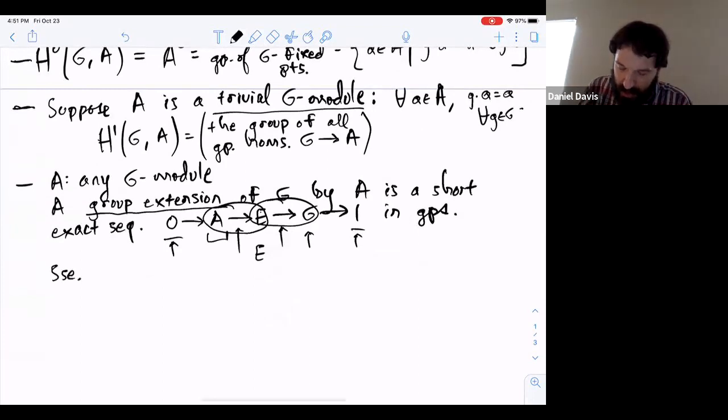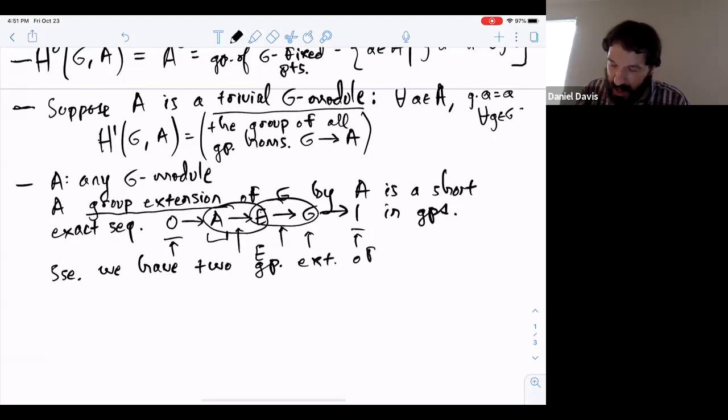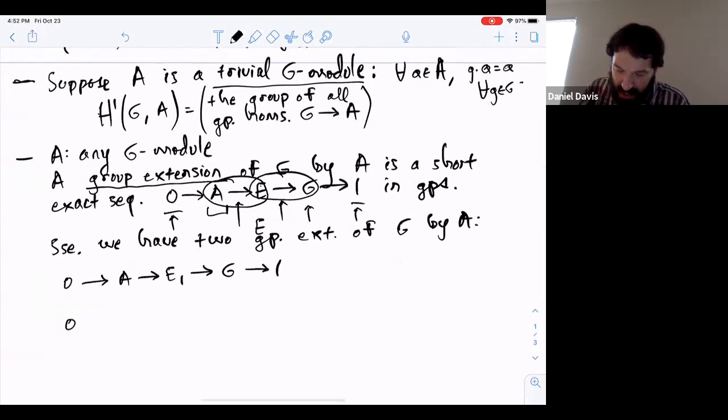Suppose we have two group extensions of G by A. Okay, so we have 0 to A to E1 to G to 1, and suppose we have another 0 to A to E2 to G to 1.